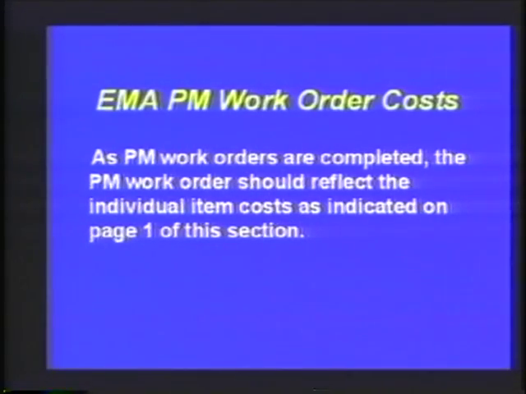Now moving on to page number 2, we can talk about the individual PM work orders as completed and how the PM work order should reflect the individual item costs as indicated in page number 1. We want to take that work order cost and apply it on a daily basis if it occurs daily, and PM is a daily activity, but not necessarily for all of the PMs daily for a specific machine.